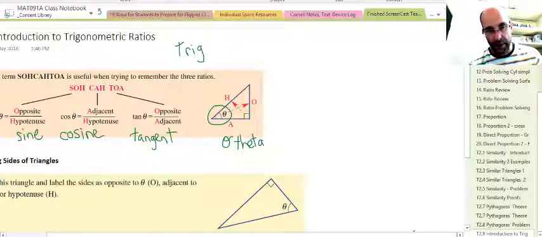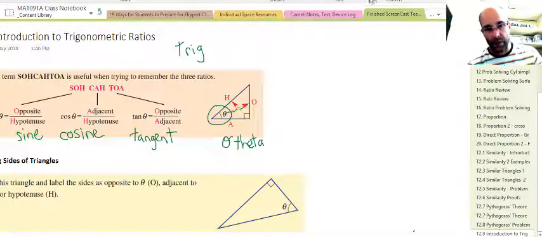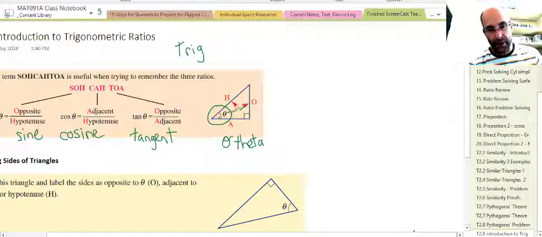If we go from theta across the triangle to the opposite side, we get that O there. That O stands for opposite. So the opposite over the adjacent would be the tan of that angle.